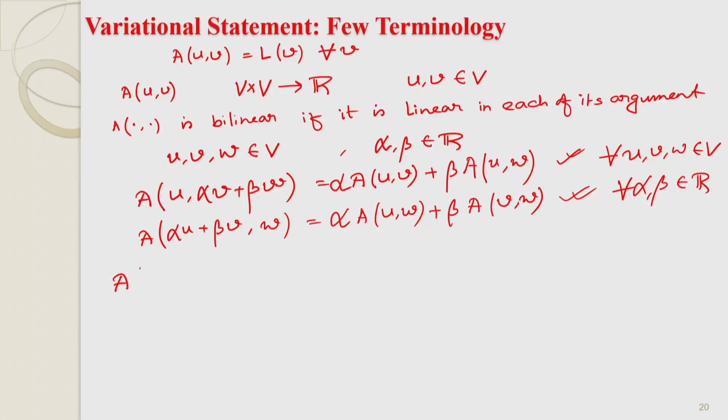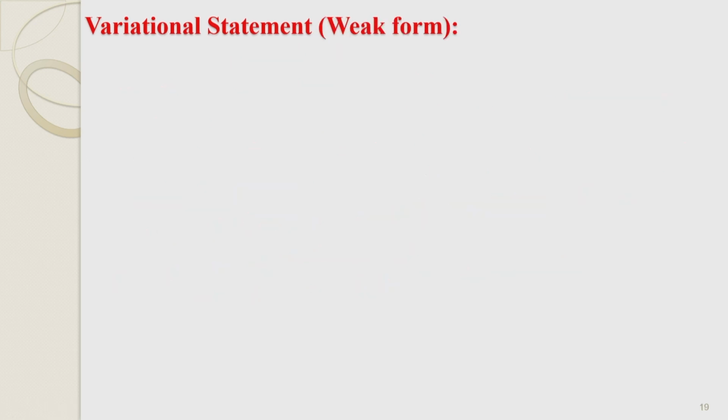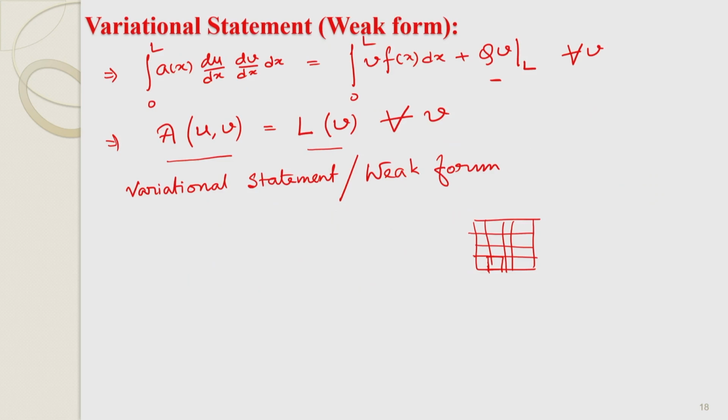Now, we can say A u comma v is symmetric if, so, if you see our variational statement we have derived, here you can see in this A u v, if we replace u by v and v by u, the expression A u v remains same, that is A u comma v is equal to A v comma u.